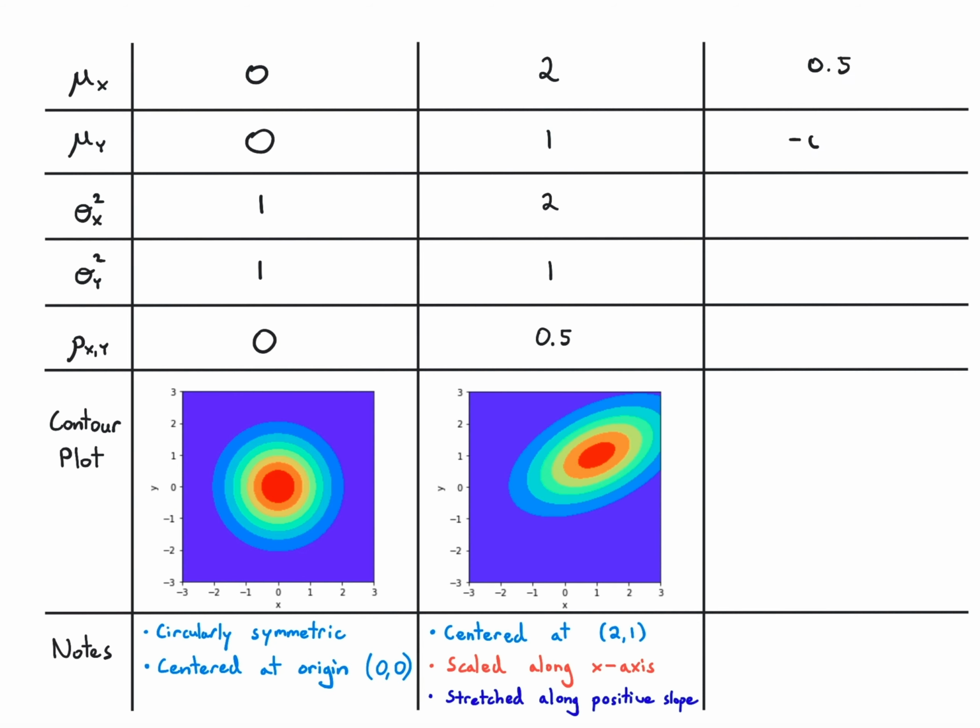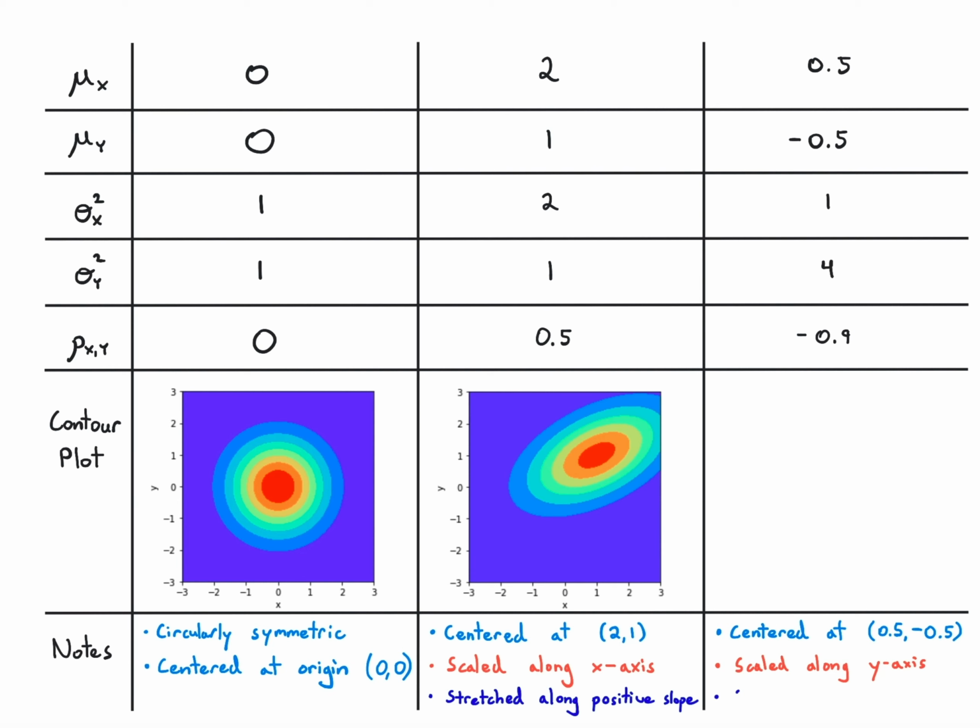One more attempt. Let's do 0.5 and minus 0.5. And then that means that it's going to be centered at 0.5 and minus 0.5. And it's going to be scaled along the y-axis because I've changed the variance of y from 1 to 4. Right? So it's going to be even more scaled than what I saw before when I just changed the variance of x to 2.